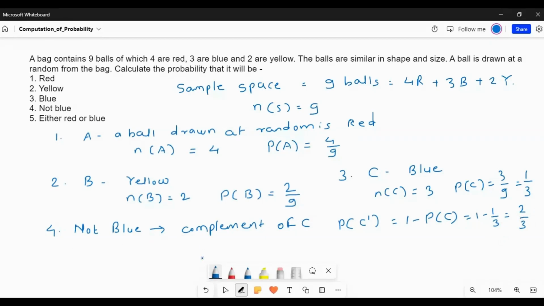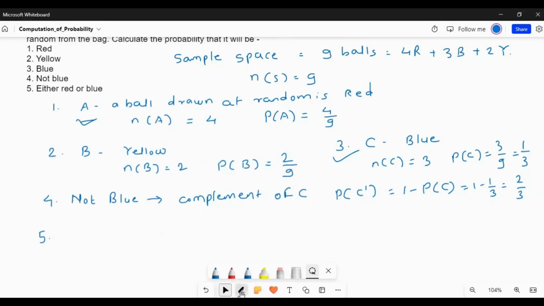Then the fifth one is either red or blue.